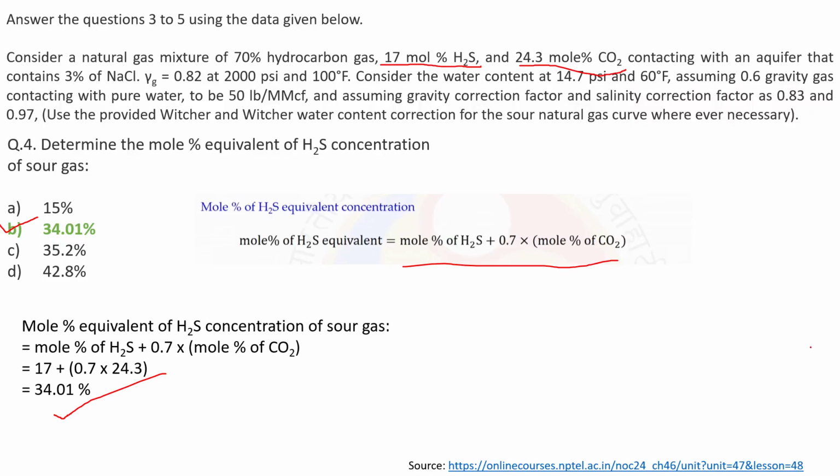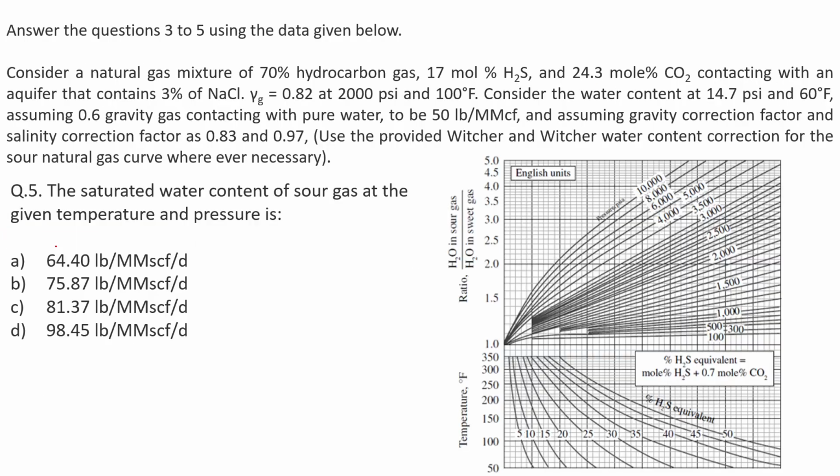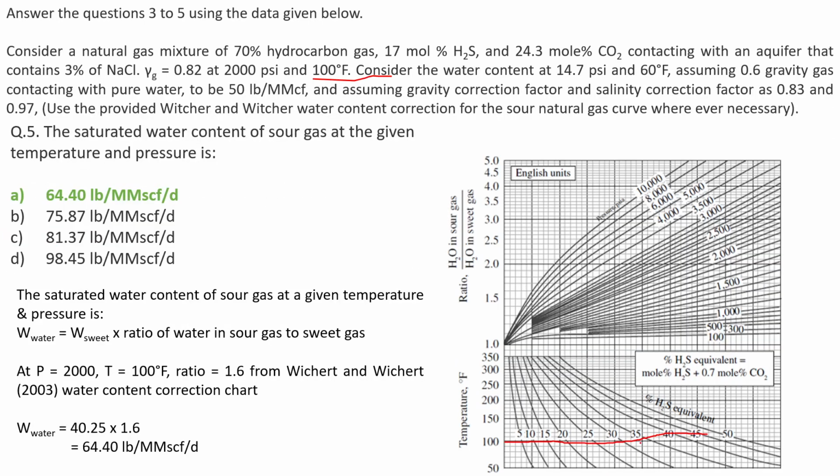In the last question we already calculated the percentage H2S equivalent, that is 34.01. In this graph, this is 35, and next to it will be 34. So this curve is cutting the 100 line at this point, and 34 will be somewhere next to it at this point.